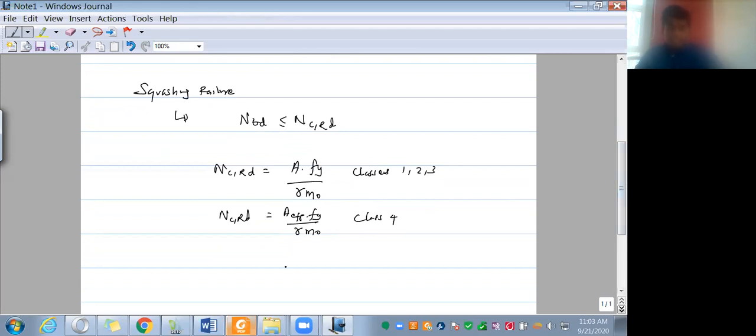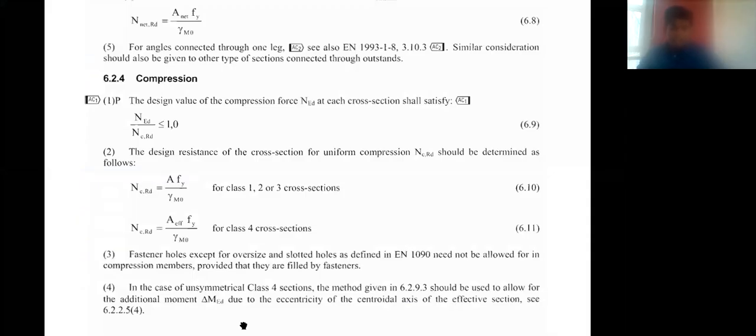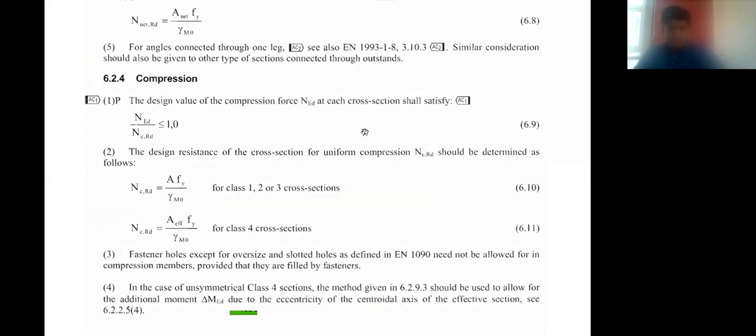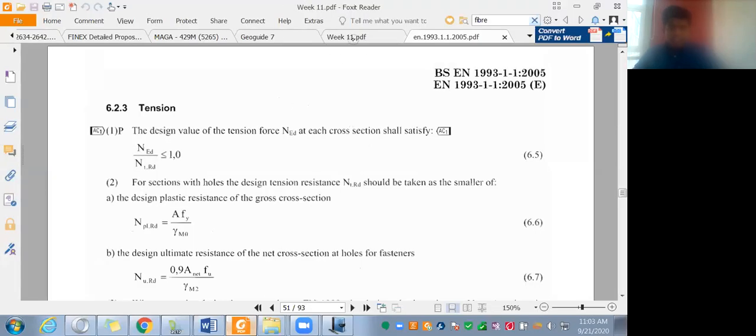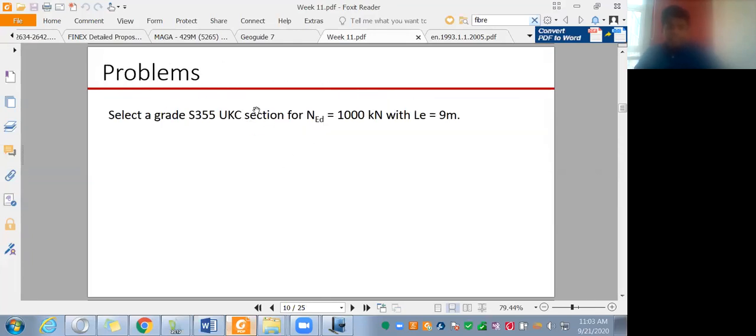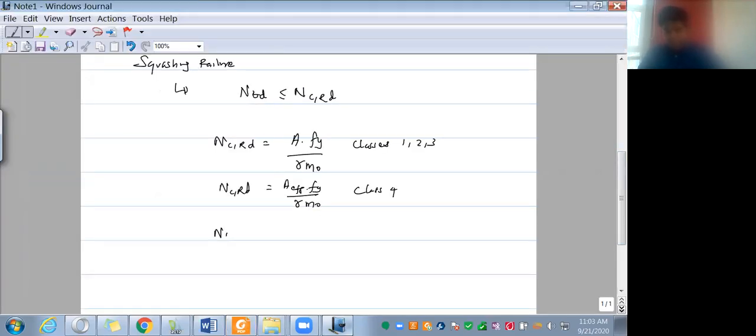So now if you take our example, here we have an example. We have to select a section. NEd is 1000 kN, Le is 9 meter. We need to choose UKC S355. So 1000 kilonewton should be less than or equal to NcRd.